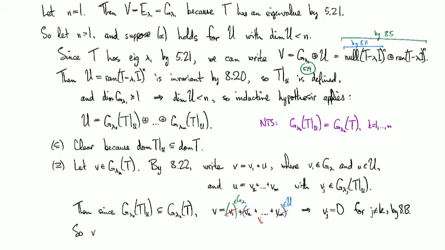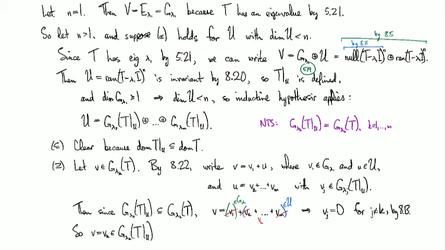And so then we get that v is equal to vk, but we know that vk is in G lambda k of T restricted to U. So we just have to chop away all the extra stuff so that we can see that, now that we're down on the level of vectors, we're back in the appropriate subspace. That's the summary of that one right there.